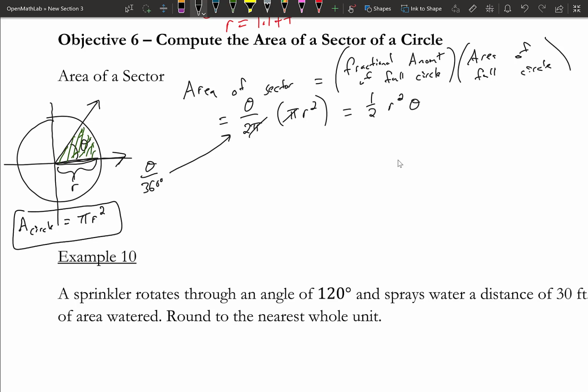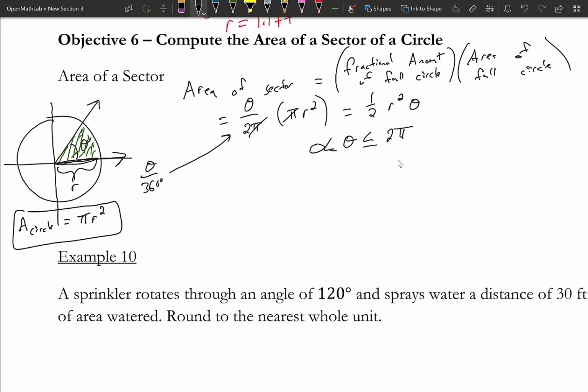where of course theta is understood to be between 0 and 2 pi, not including 0, because it wouldn't make sense to find an area of a sector with an angle of 0 radians or degrees.